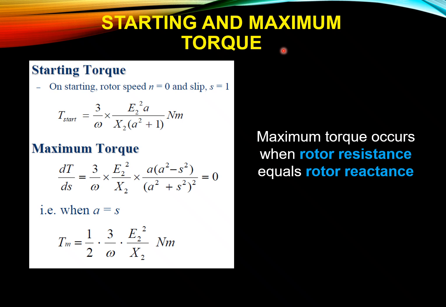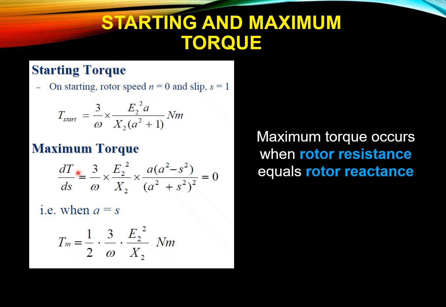Nominal torque is the normal rated torque, or we call it the rated torque. Here we can calculate the starting torque using this formula. At starting, rotor speed n equals 0 and slip equals the maximum, 1. So you can replace and get the starting torque from this formula.